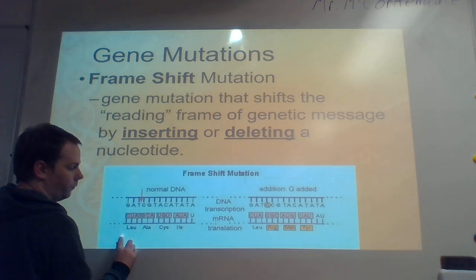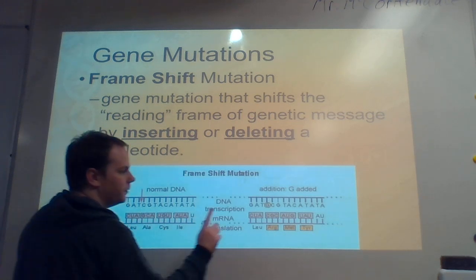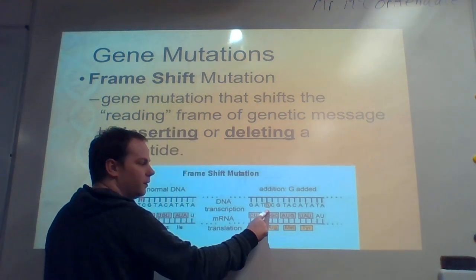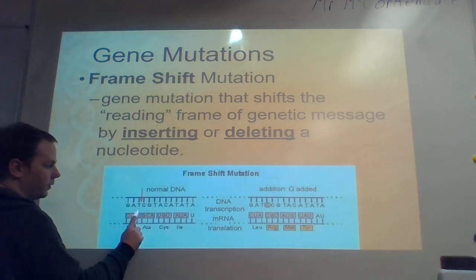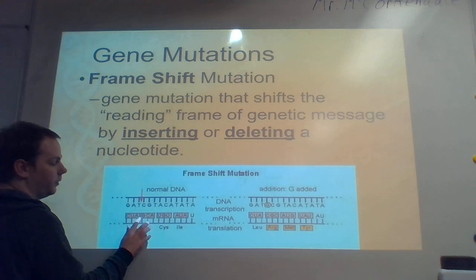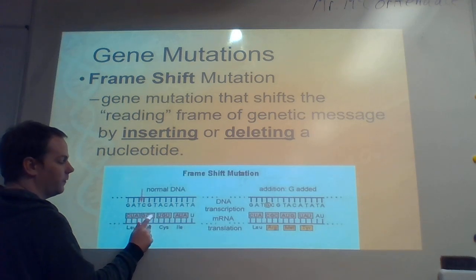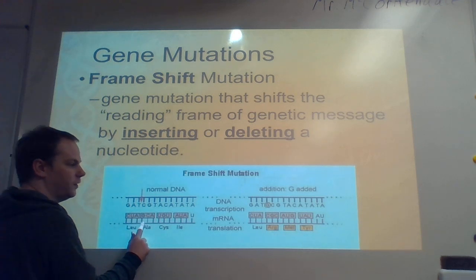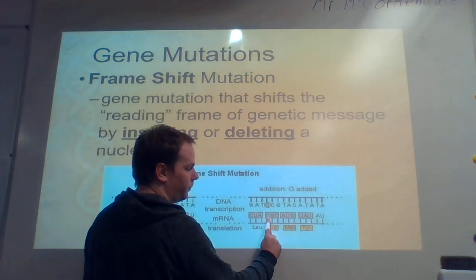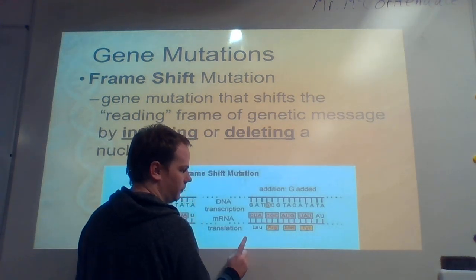Okay? But if a G gets added, then it throws off everything after. So instead of the 2nd codon being GCA, our 2nd codon becomes CGC.